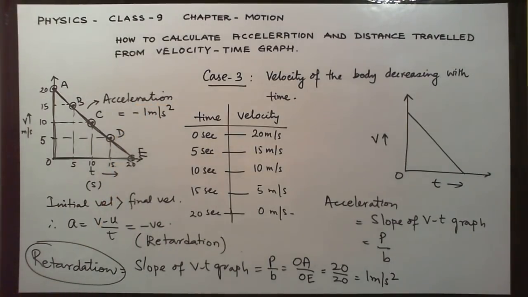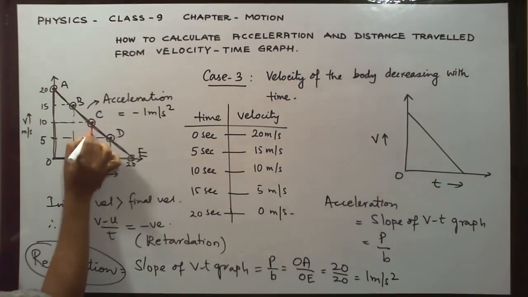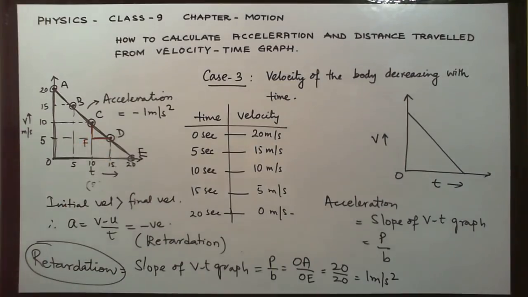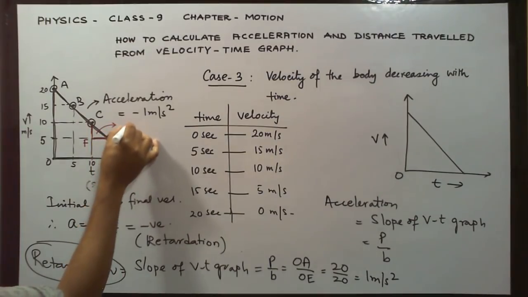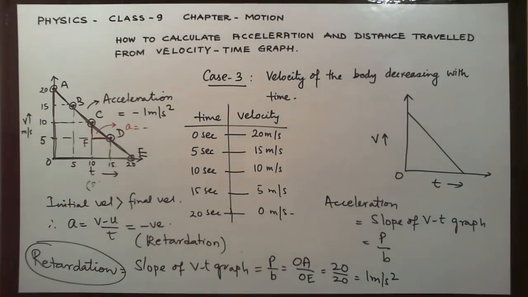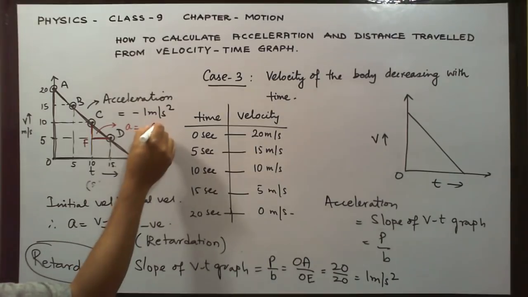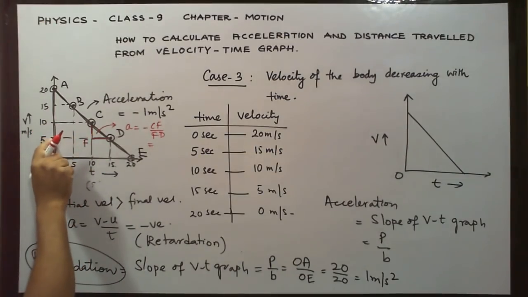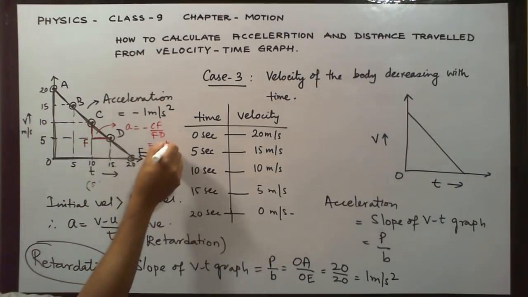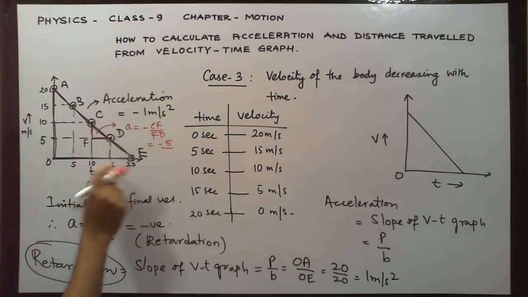Now if I want to find out the acceleration between C and D, the same process again. From C to D, I just have to draw a perpendicular here, and a base here, let us say this is F. What is the acceleration here? We will get minus, because it is retardation, it is CF by FD. What is the length of CF? It is 5, so minus 5 by FD, which is 5.